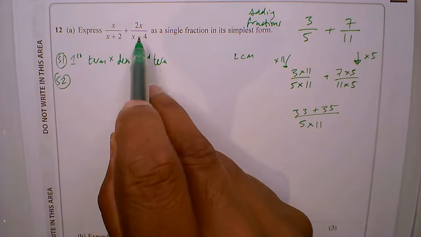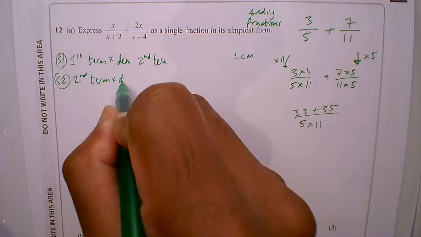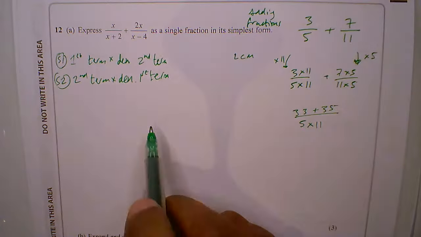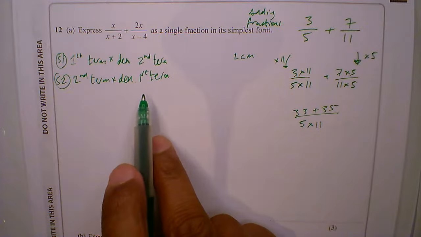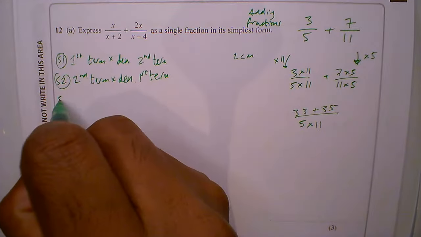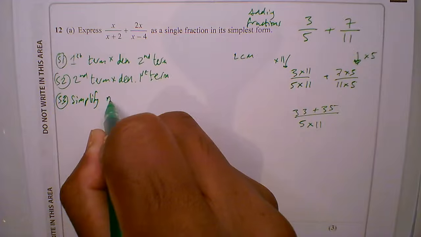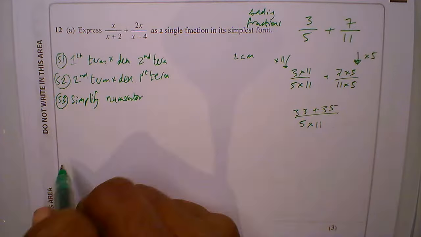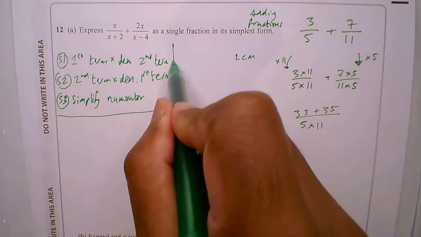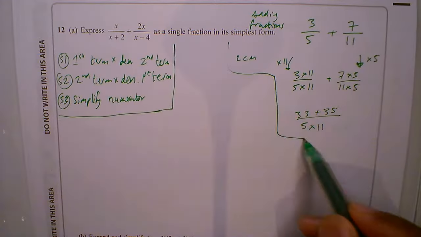Step 2 is to multiply the second term by the denominator of the first term. Step 3 is simplify the numerator, and hopefully that will bring us to our final answer. It's simple steps, but I think it will be quite complicated.